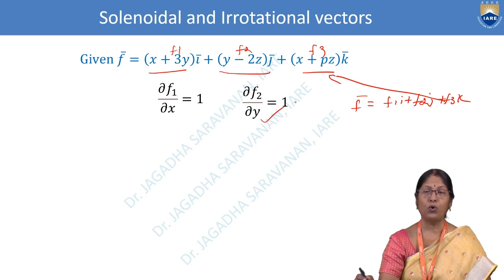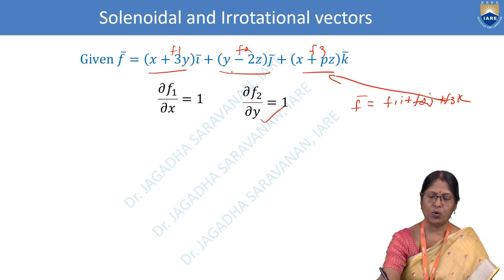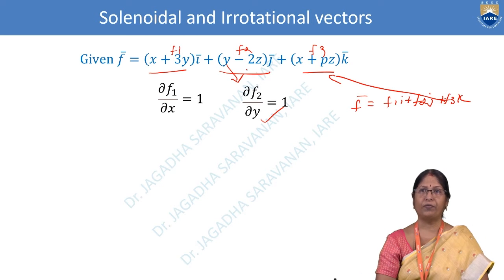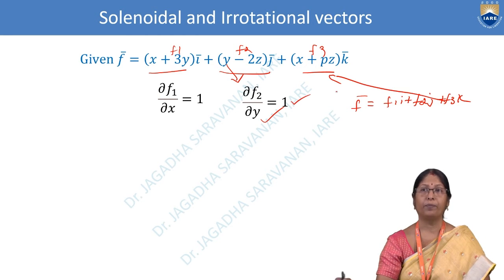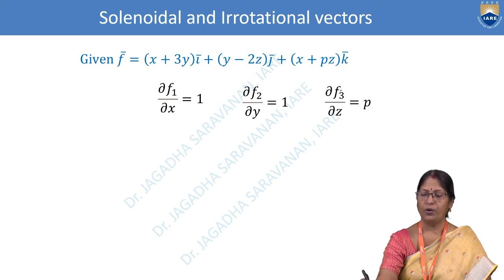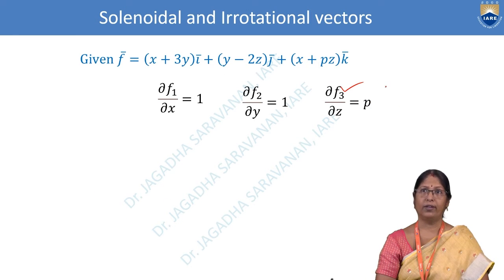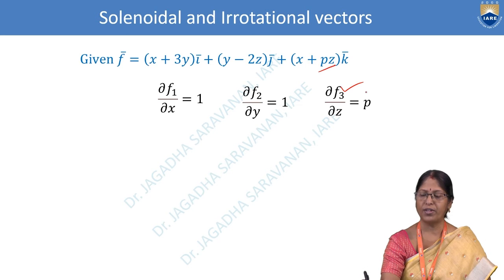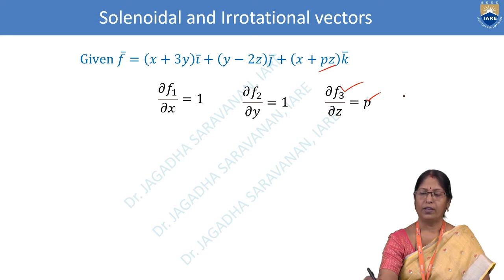So dou f1 by dou x: here the differentiation of x is 1, and the other variable is neglected. Then dou f2 by dou y: here also the partial differentiation of y is 1. The next, dou f3 by dou z: here the partial differentiation is p.